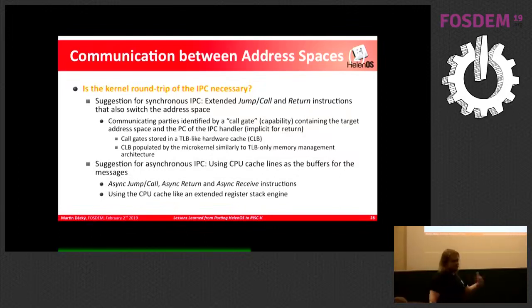So the context switching and address space switching will be done by the hardware. For the asynchronous IPC, where there is the need to somehow buffer the payload of the message, this could also be streamlined by the hardware by using cache lines as the buffers. So the data would not even need to go to the main memory.